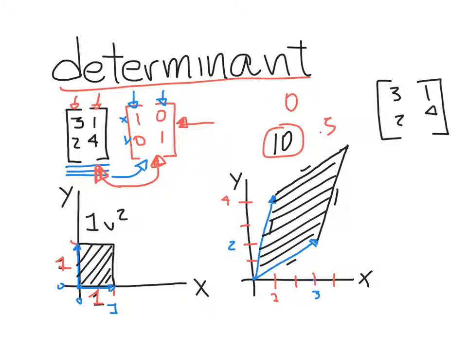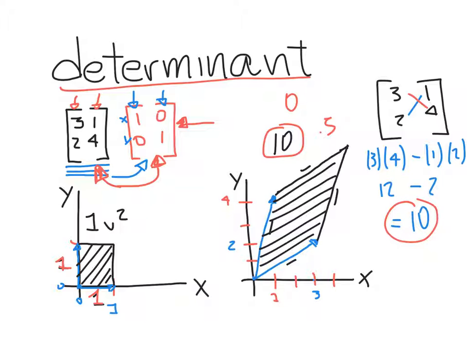We will just perform some cross multiplication and then subtraction. For example, we will do 3 times 4 minus 1 times 2, and this is 12 minus 2, which is equal to 10. So that's how we calculate it.